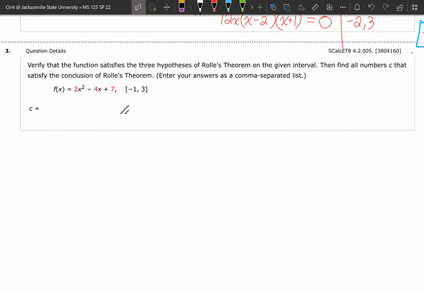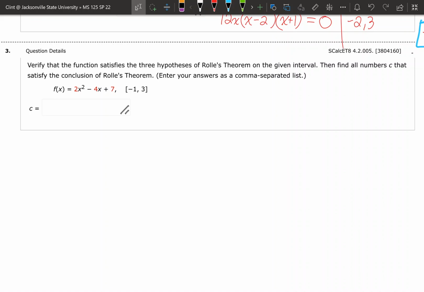Number 3, dealing with Rolle's theorem, says make sure it satisfies the 3 hypotheses of Rolle's theorem. And then if it does, find the number C that satisfies the theorem. The 3 conditions: we need our function to be continuous on the closed interval.